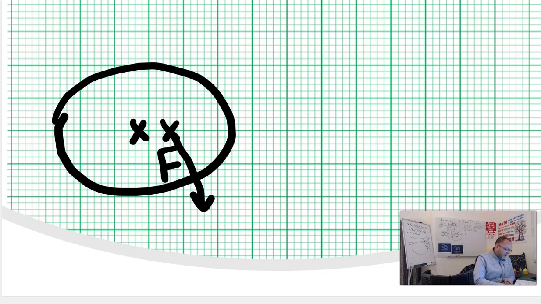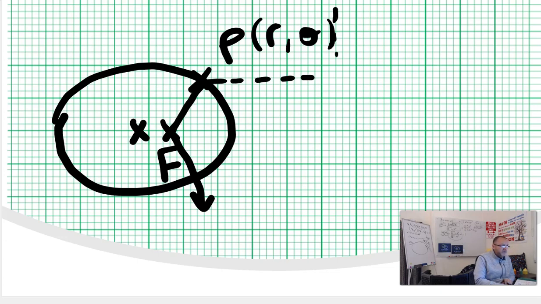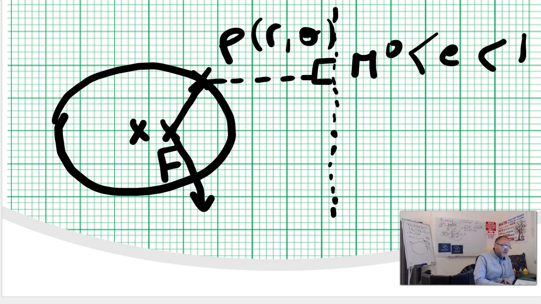There is no y-axis here. Remember that. So now I have a point P that has an r, theta, right? And I have FP, and I have my directrix. Look at that. And then I have my M, and I have PF less than PM. That's why e is between 0 and 1, okay?